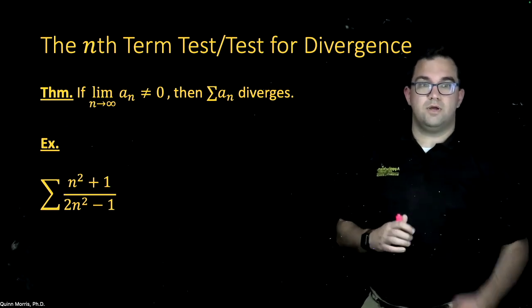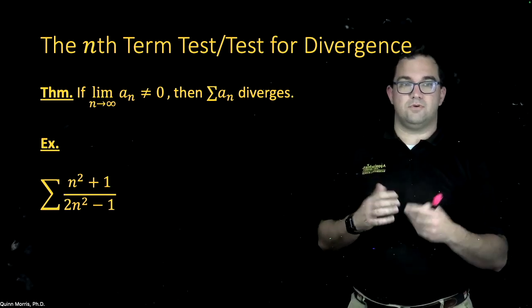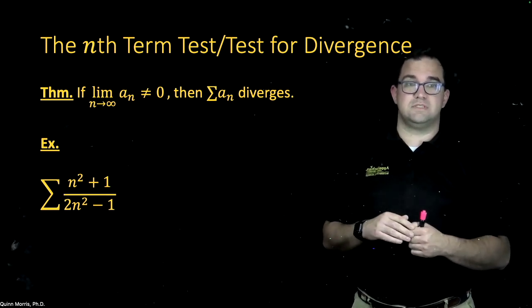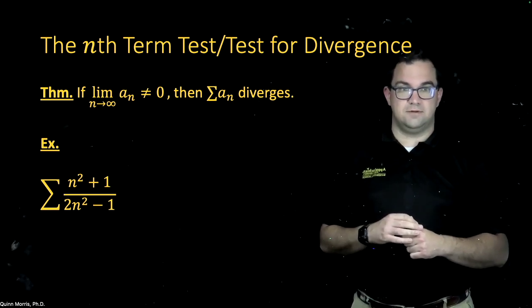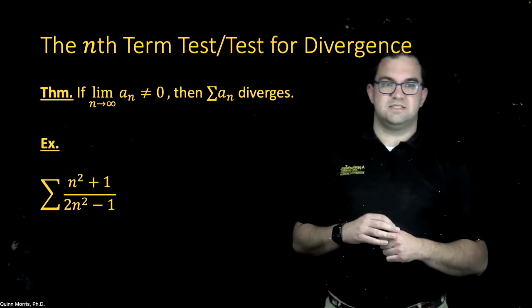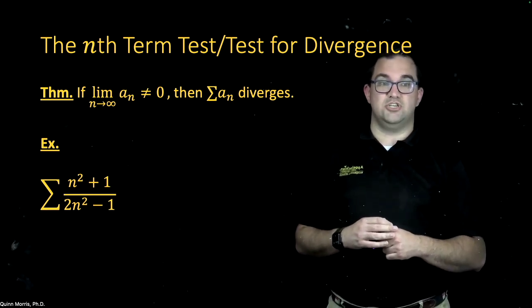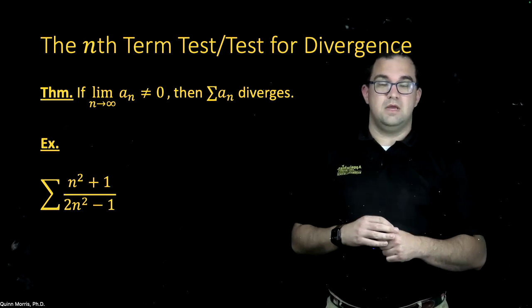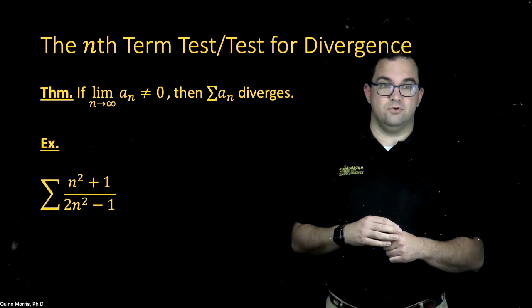All right, so we're going to begin with what the book refers to as the test for divergence. It's also commonly referred to as the nth term test. So this test says if the limit as n goes to infinity of a sub n is not equal to 0, then the series sum of the a_n's diverges.